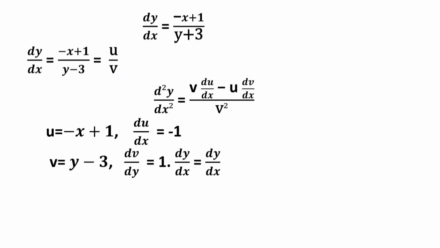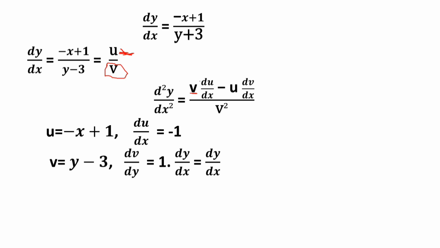This is what I was trying to explain: you keep this v constant, you will not differentiate it. You can see it here now that it's constant. Then you differentiate this u with respect to x. If I differentiate u with respect to x, that will be du dx. You can see it here.